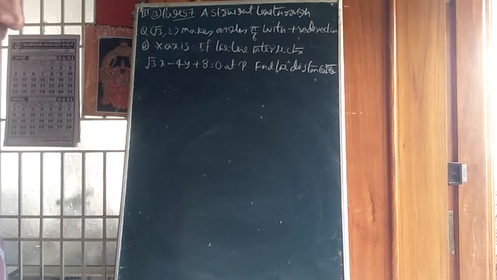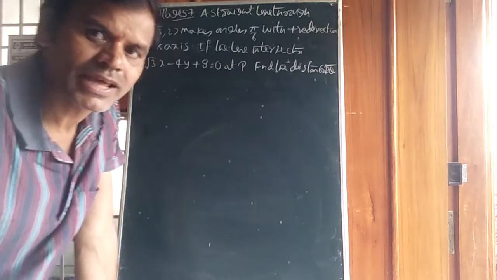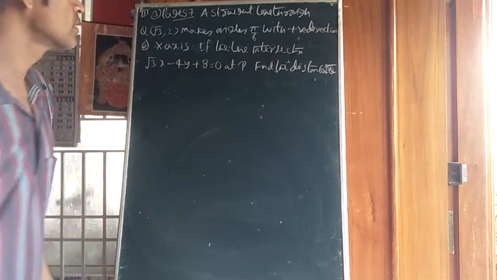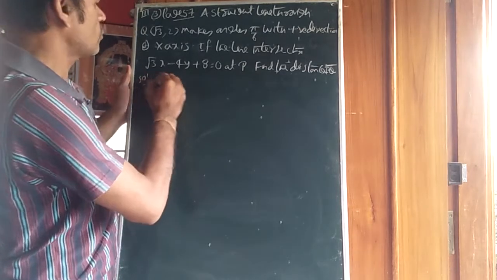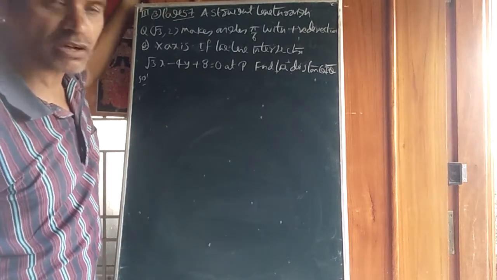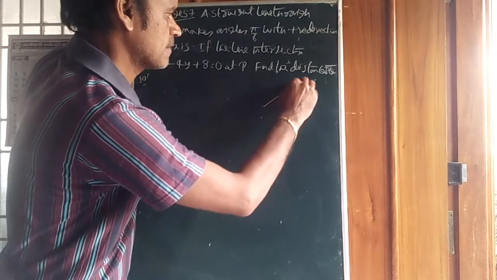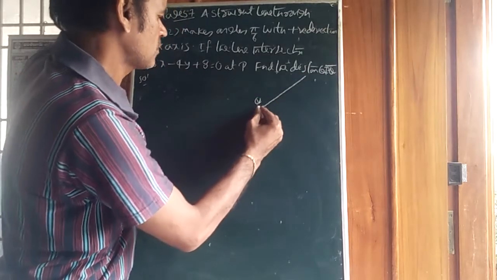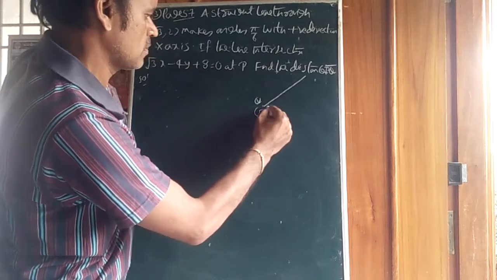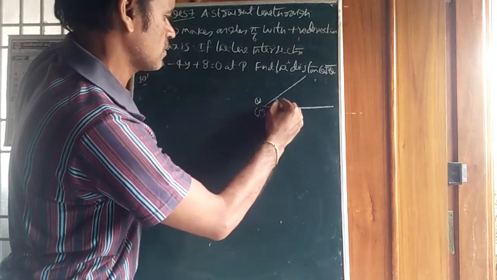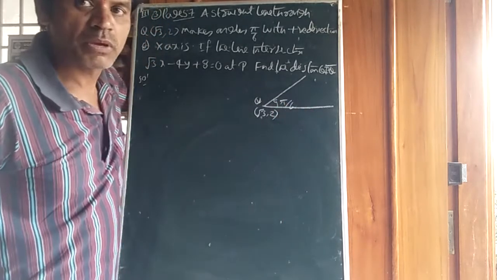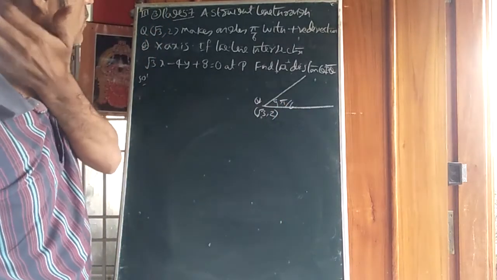Find the distance PQ. First of all, let us draw the diagram. After completion of the diagram, you will be able to understand. A straight line through Q(root 3, 2) makes an angle pi by 6 with the positive direction of the x-axis.